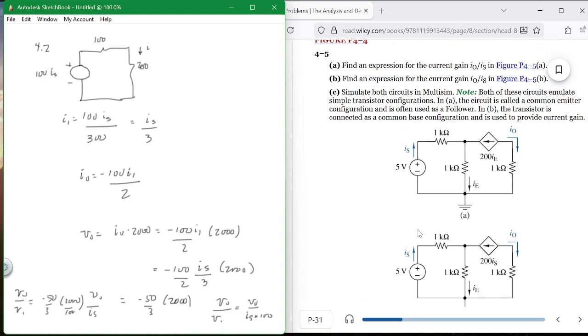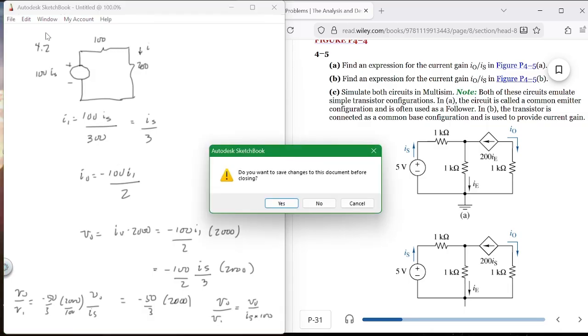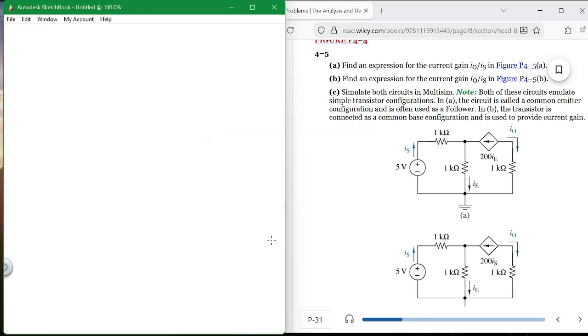There's 2 of them. How do you do this? Use mesh. If all else fails, use mesh.